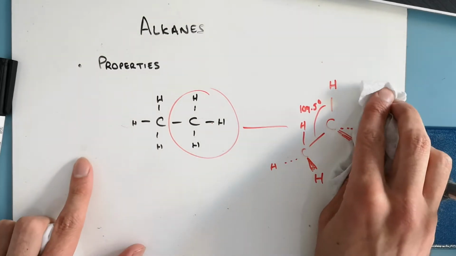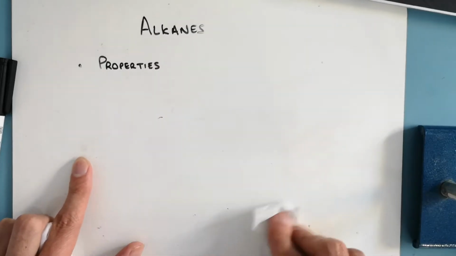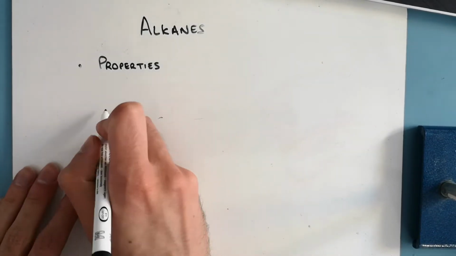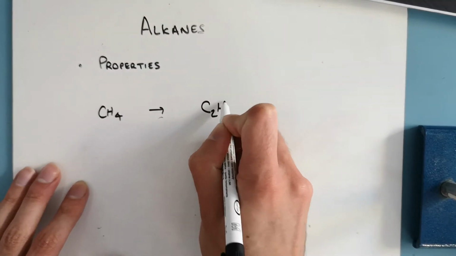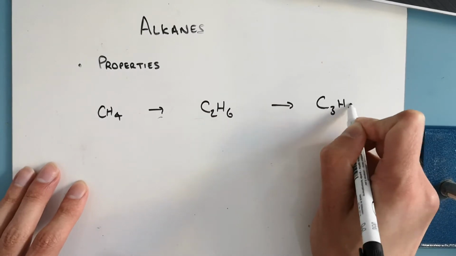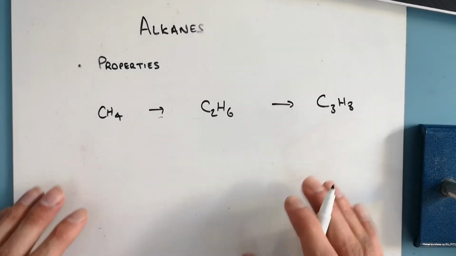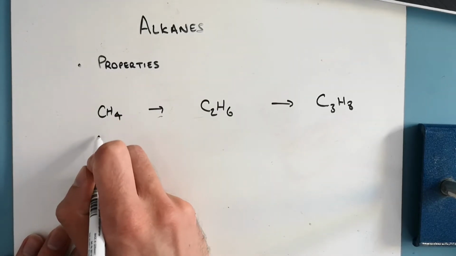Boiling points then of these. Firstly, boiling points of alkanes increase as they get bigger. And this is down to the fact that as they get bigger, they get more electrons.